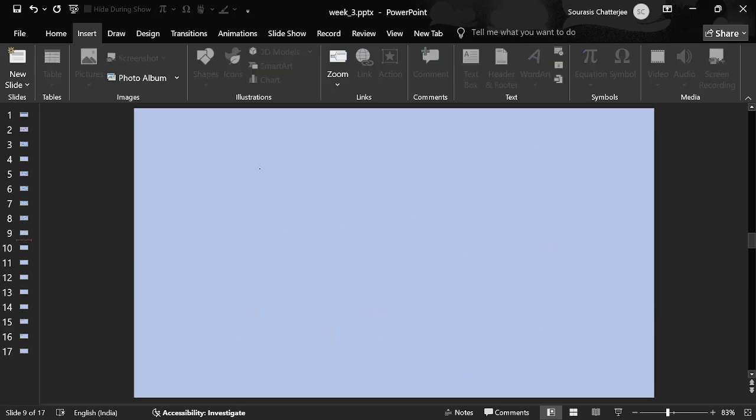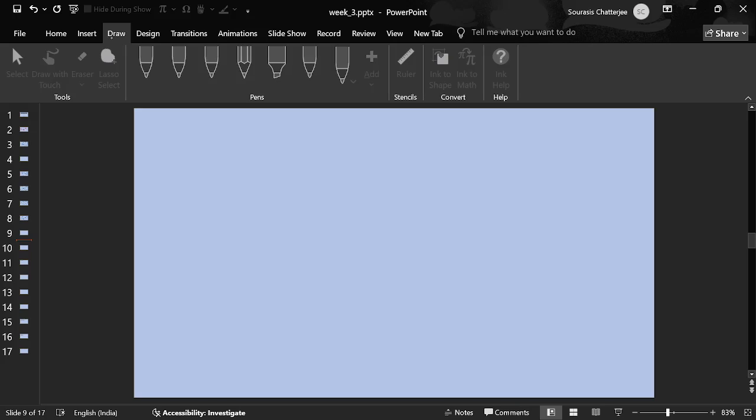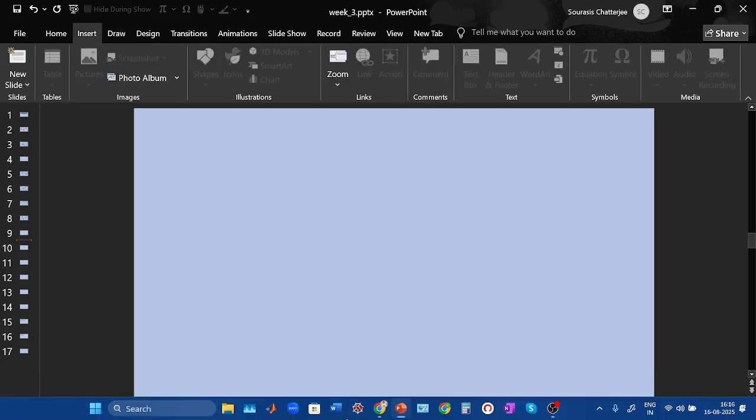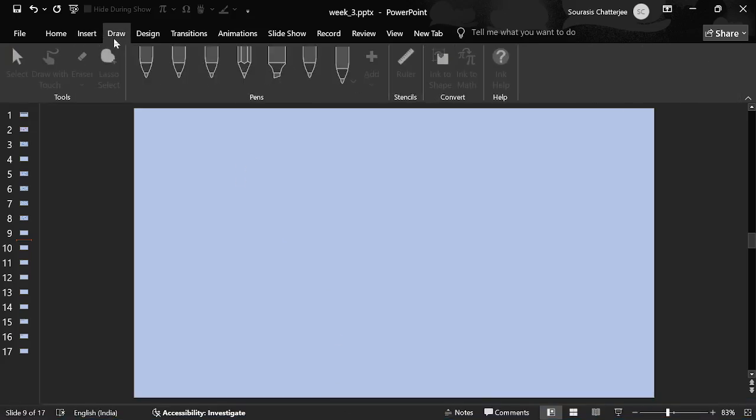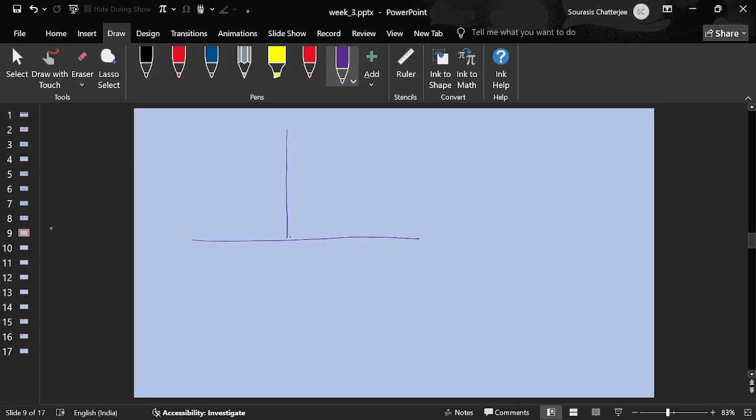So if I now try to draw them on the same bar, let us draw the likelihood, prior times likelihood corresponds to x naught here.